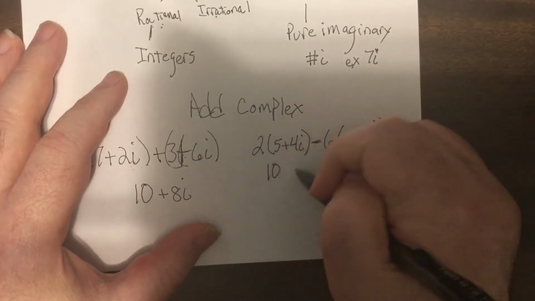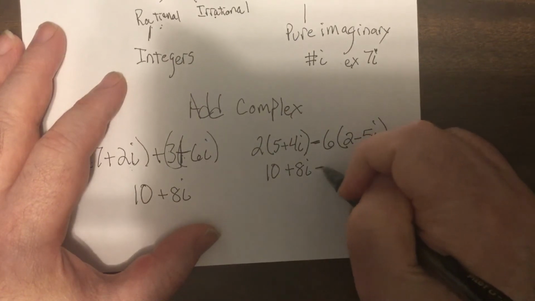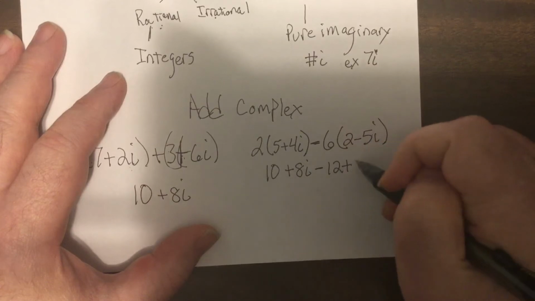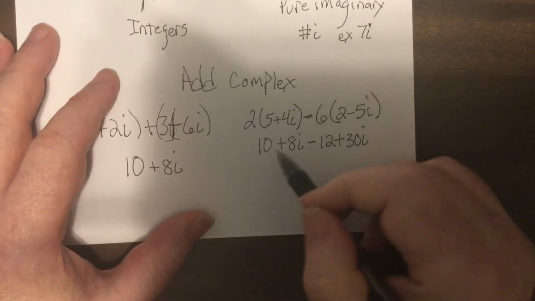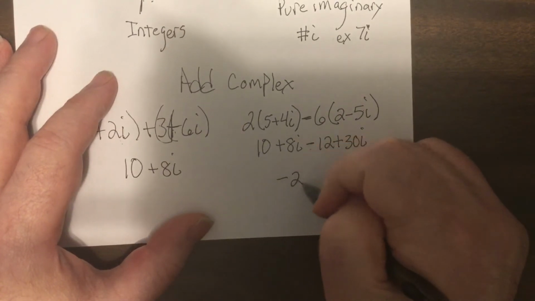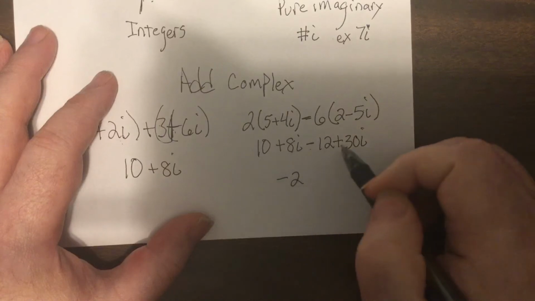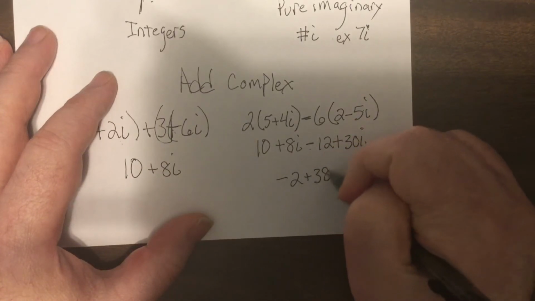So it'd be 10 plus 8i. Distribute the minus 6, it'd be minus 12 plus 30i. Then I can combine. 10 minus 12 is minus 2. 8i plus 30i is 38i.